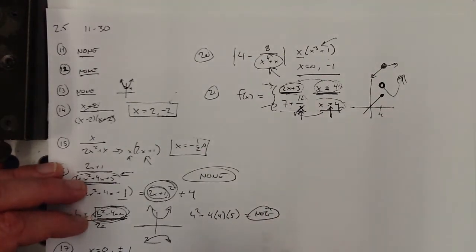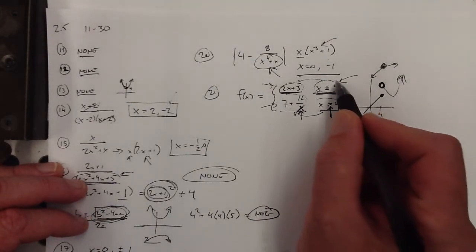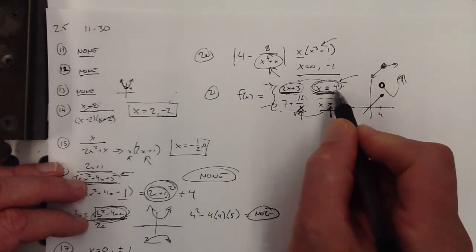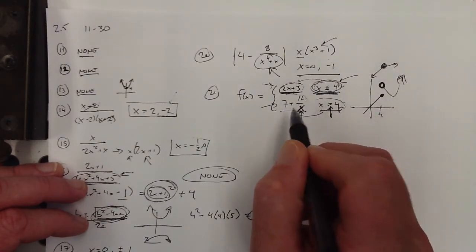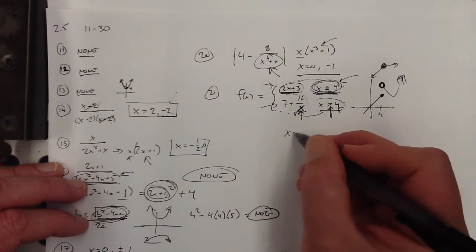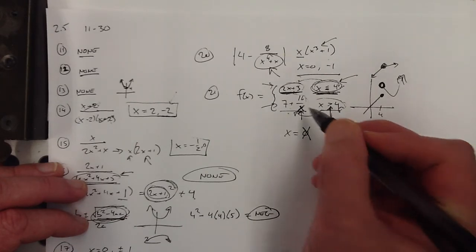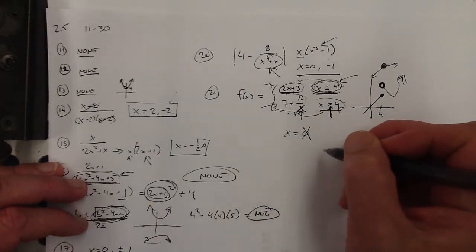If you come along with an x equals 0 to this piecewise function, you should be directed to this piece here, because this is x less than or equal to 4. 0 is less than or equal to 4, so you would plug in here, not here. So initially you might look at that and say, oh, x equals 0 is a problem, but it's not a problem because that's not the piece you would be using when you have x equals 0.